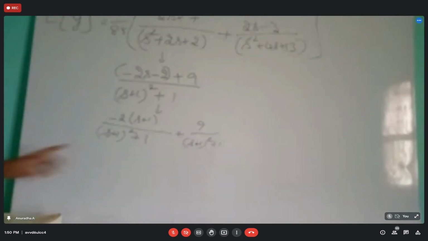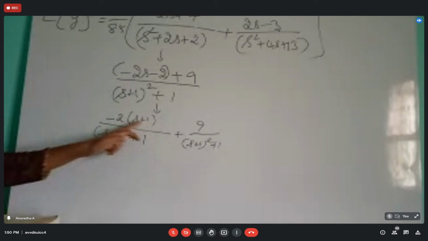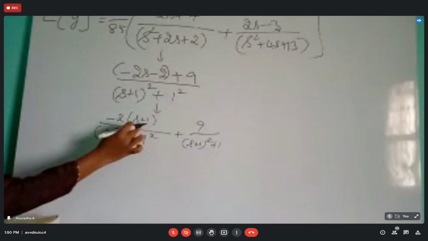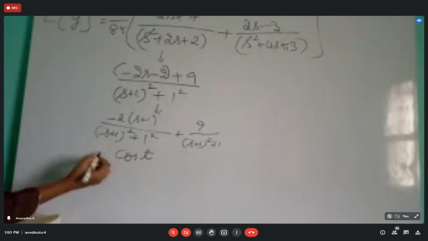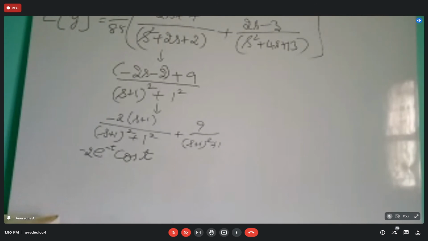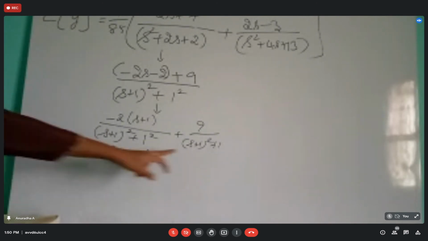So what is the answer for this? s by s square plus 1 square gives cos t, where a is 1 here, and e power minus t.